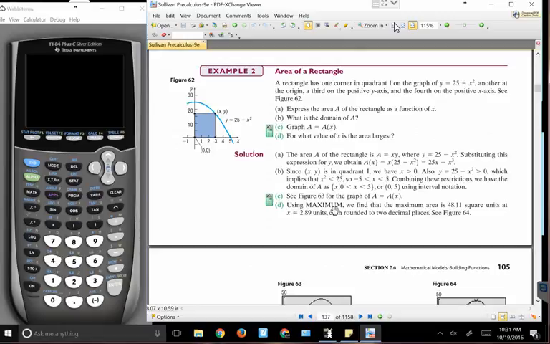Area of a rectangle. This is a fun one. Okay, no, it really isn't. A rectangle has one corner in quadrant 1 on the graph, and the other corners on the positive y-axis and the positive x-axis. Express the area as a function of x.